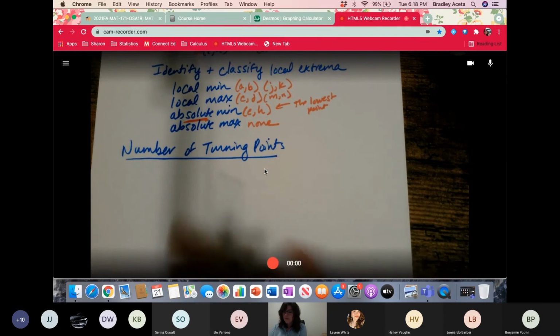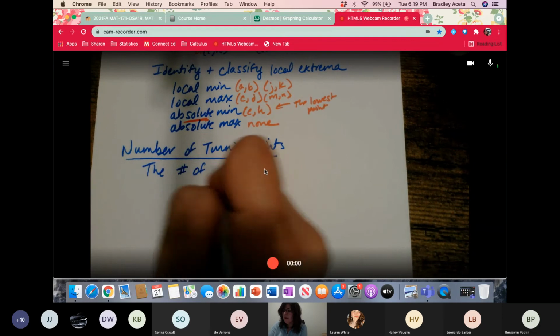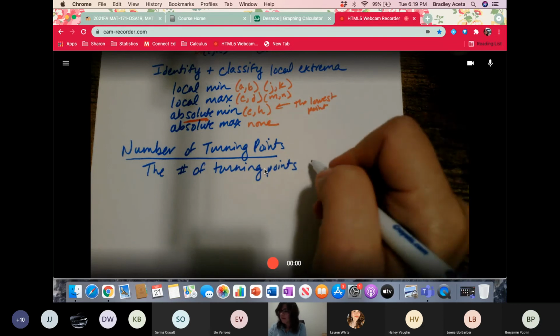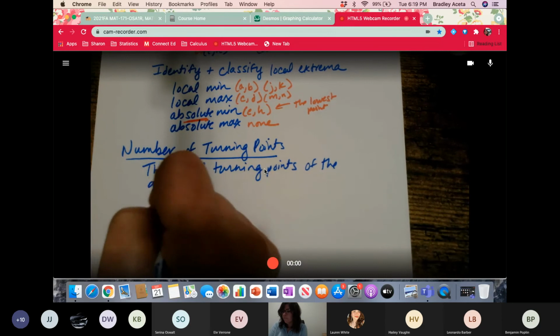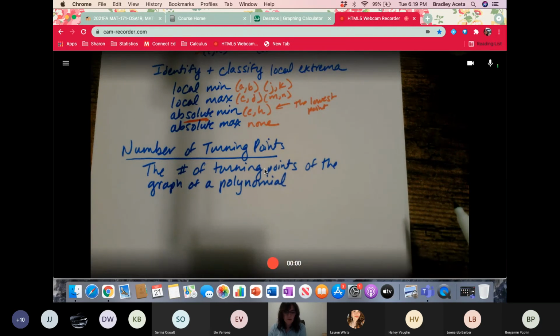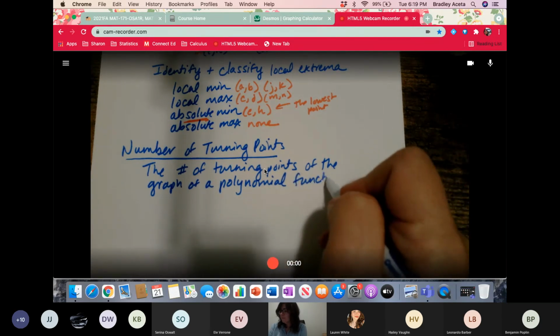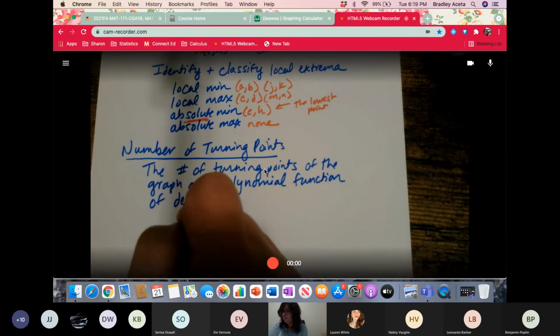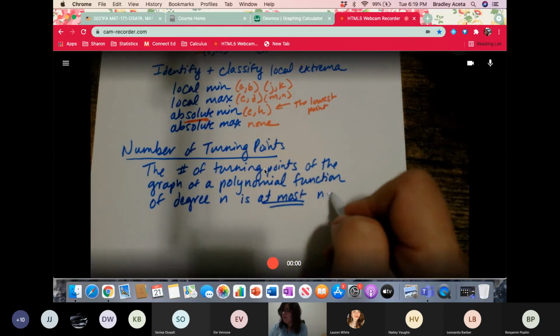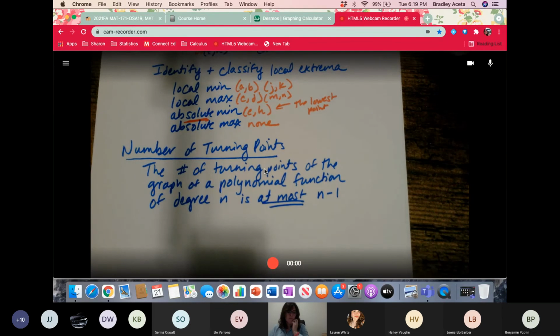Well, there's a little theory here, it's not theory, it's true: the number of turning points of the graph of a polynomial function of degree n is at most, underline that, n minus 1.